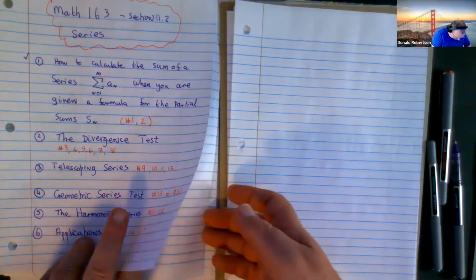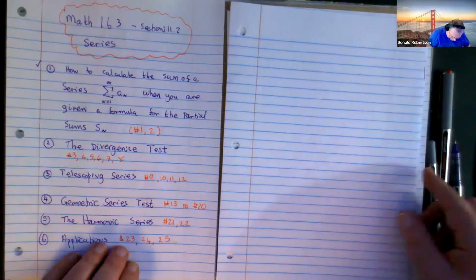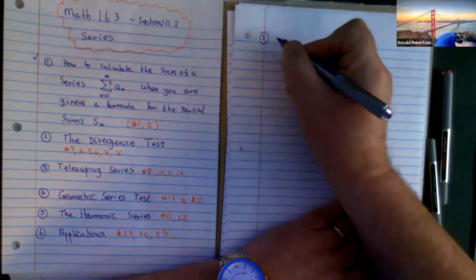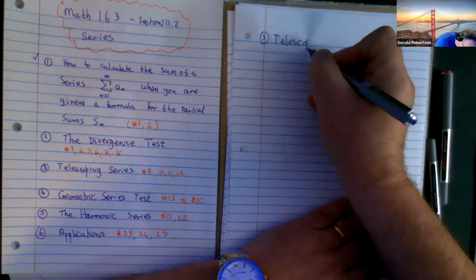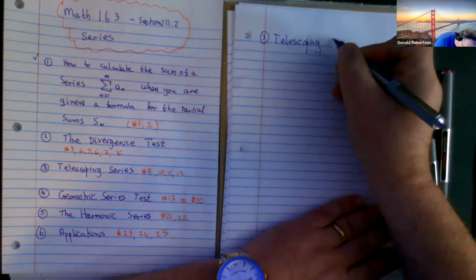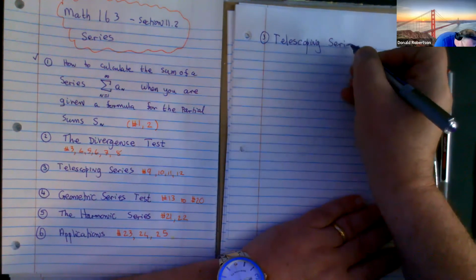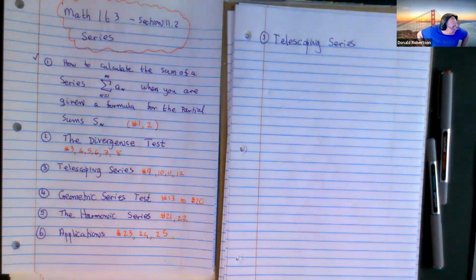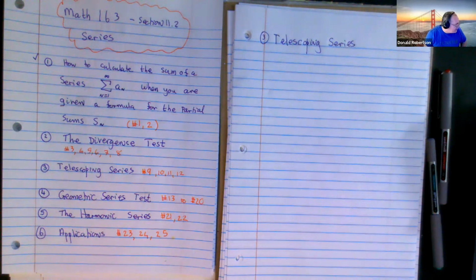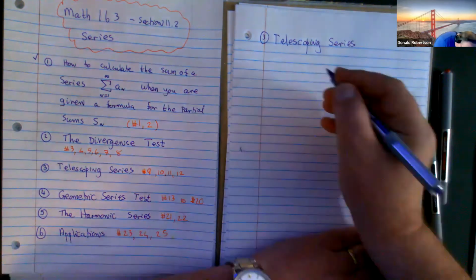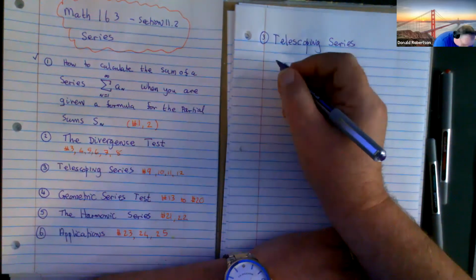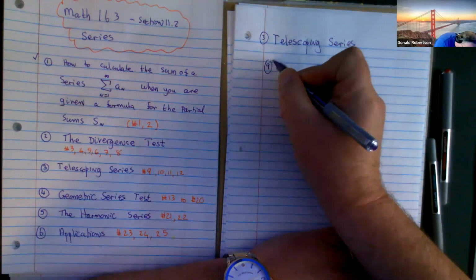So the next fella is called a telescoping series. That's number 3. Telescoping series have a very specific look to them. I'll show you by picking, actually the first one's a good example of it.